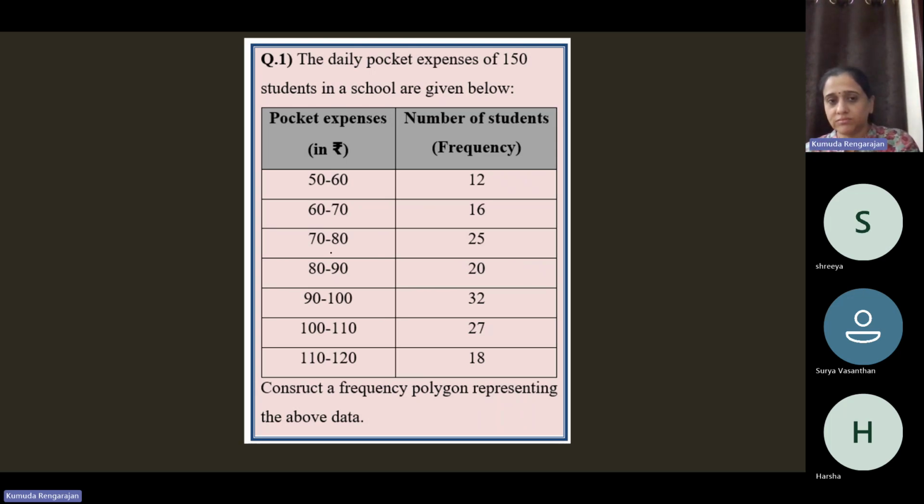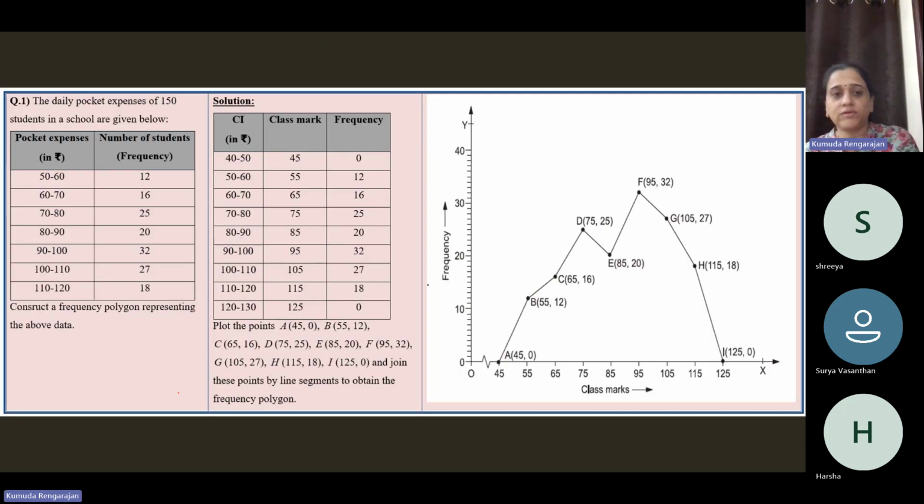So here also, you can see this one is a grouped frequency distribution because there are class intervals and the class intervals are continuous. The width is the same everywhere, 10. The class size is 10. Now, to make a frequency polygon, you need to find the class marks, which are the midpoints of the class intervals.